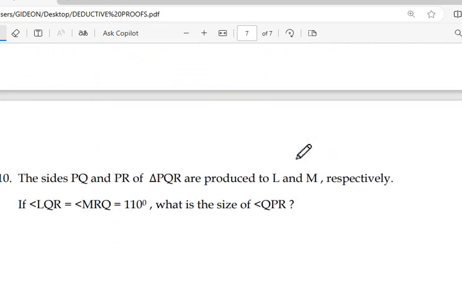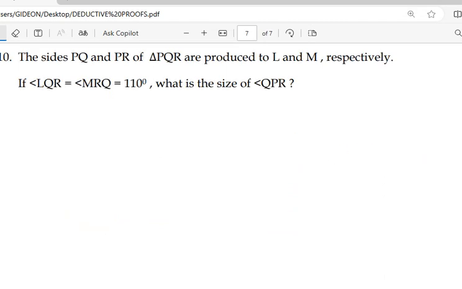You get your answer. Then this is a word problem. It says the sides PQ and PR of triangle PQR. So let's draw triangle PQR.